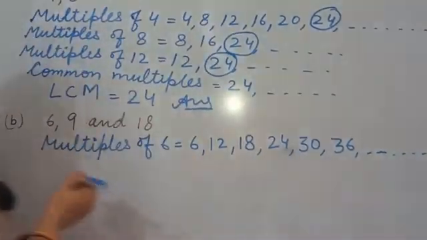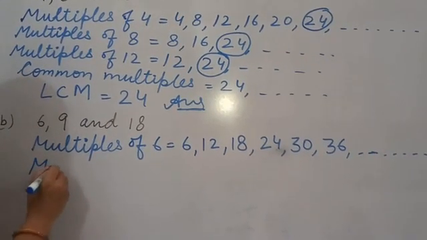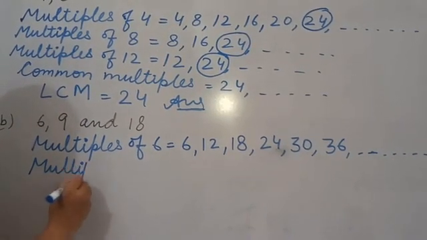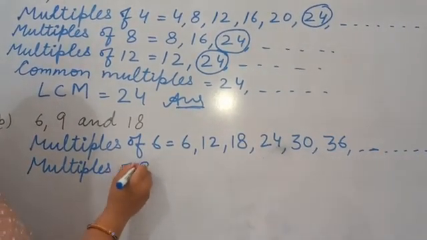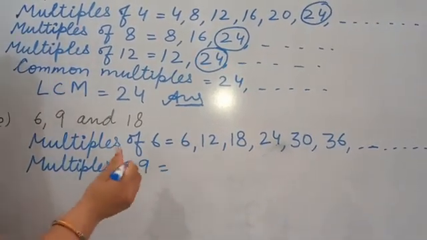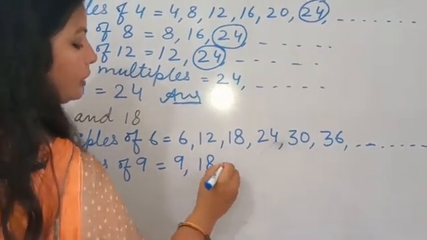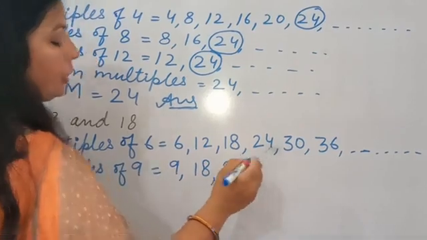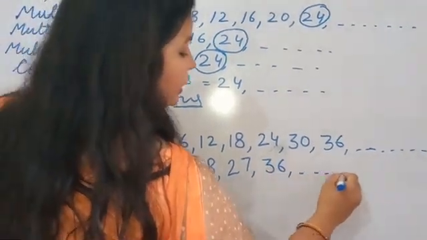Okay. Now we should write the multiples of 9. So 9 ones are 9, 9 2s are 18, 9 3s are 27, 9 4s are 36, and the rest we can leave.